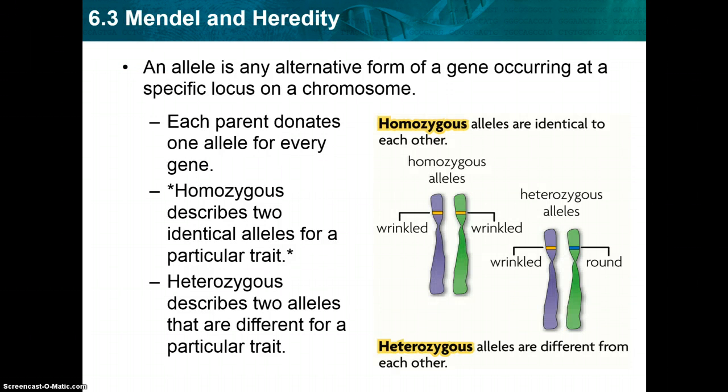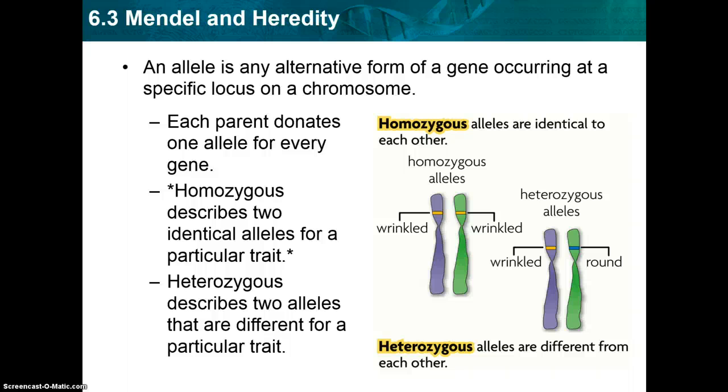An allele is any alternative form of a gene occurring at a specific locus on a chromosome. So each parent donates 1 allele for every gene. So you're going to get 1 from mom, 1 from dad. In these alleles, you're going to have either homozygous, which describes 2 identical alleles for a particular trait. So homo means the same, so they're going to be the same allele.